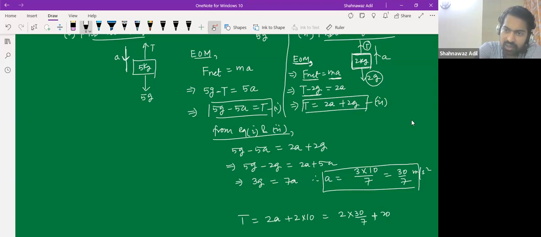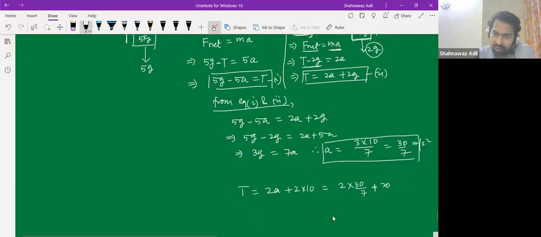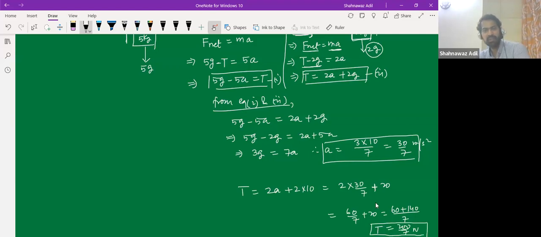So this is how much? This is 60 by 7 plus 20, which is 60 plus 140 by 7, which is 200 by 7 Newton. So this is my tension. Is this part clear, everyone?